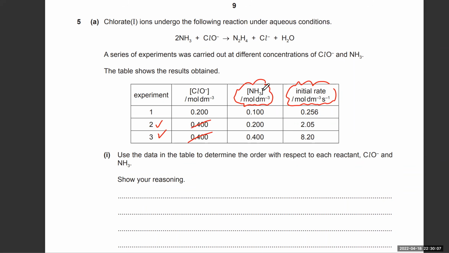I'm going to figure out the relationship between these 2. By what factor did the NH3 concentration change? It doubled, right? And what happened to the rate of the reaction? It increased 4 times. So what is the order? 2. Okay, so second order. The way you're going to write this is, if you compare experiments 2 and 3, NH3 concentration doubles and rate quadruples.